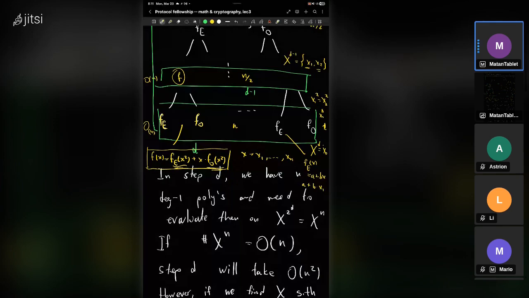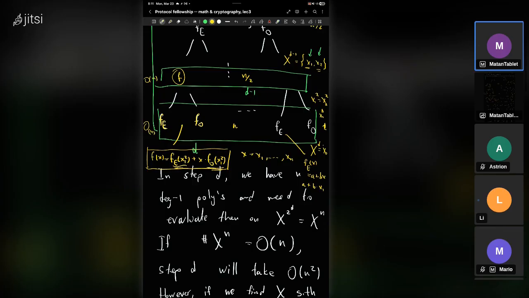So in order to evaluate F on x1 and x2, by this formula it's enough to take Fe of x1 squared and Fo of x1 squared, but this I calculated in step D, right?